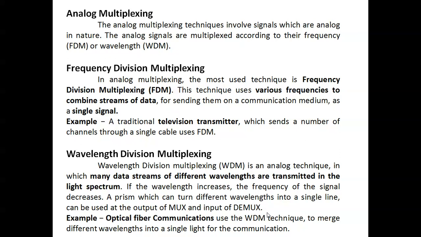We have various light signals merged in wavelength, finally forming a single light signal. This is called wavelength division multiplexing.